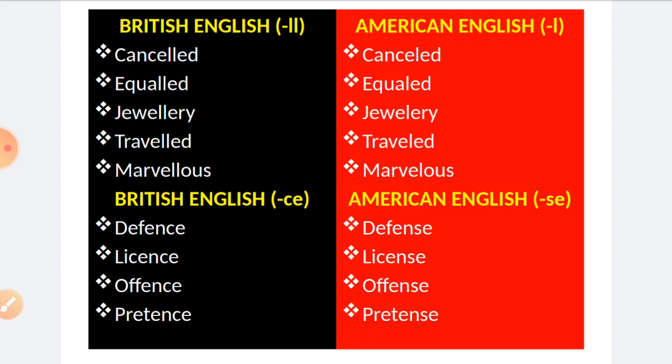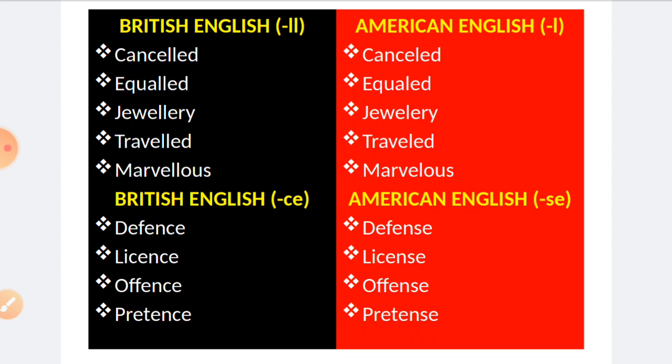Similarly, another word, for instance, travelled, TRAVELLED, that is the spelling in British English, whereas in American English, the same word is written with a single L, TRAVELED. That's the next orthographic difference between British English and American English.